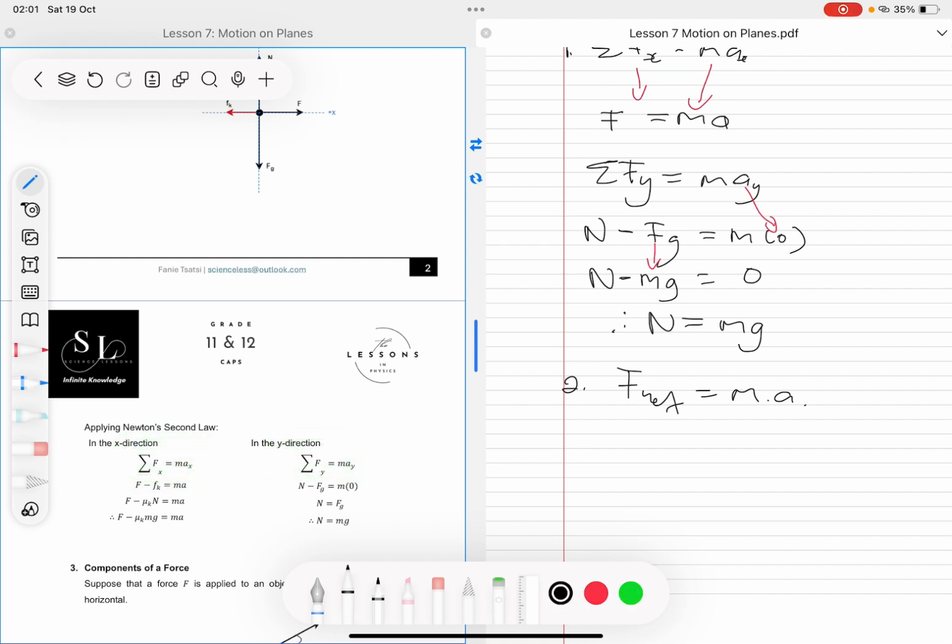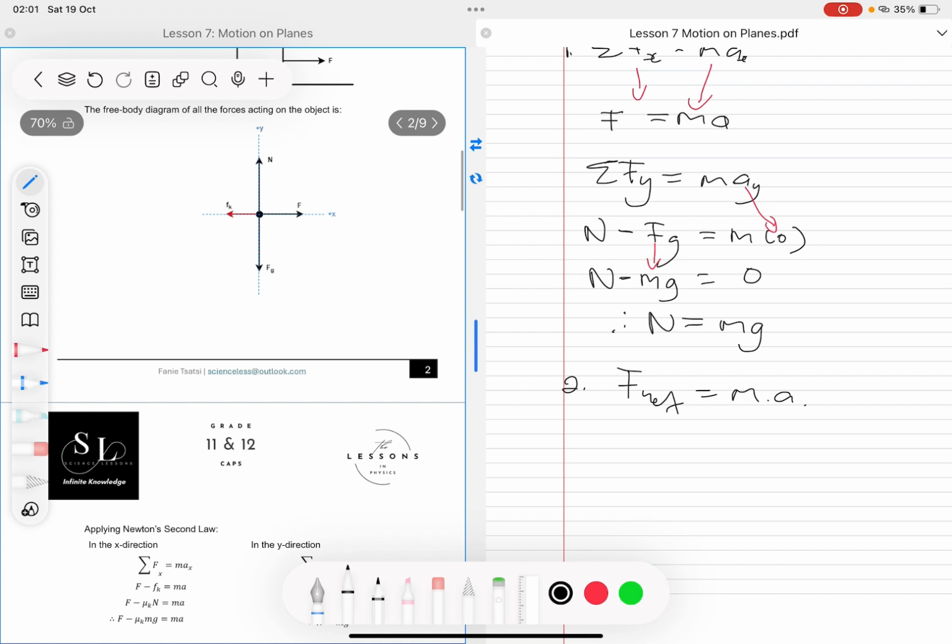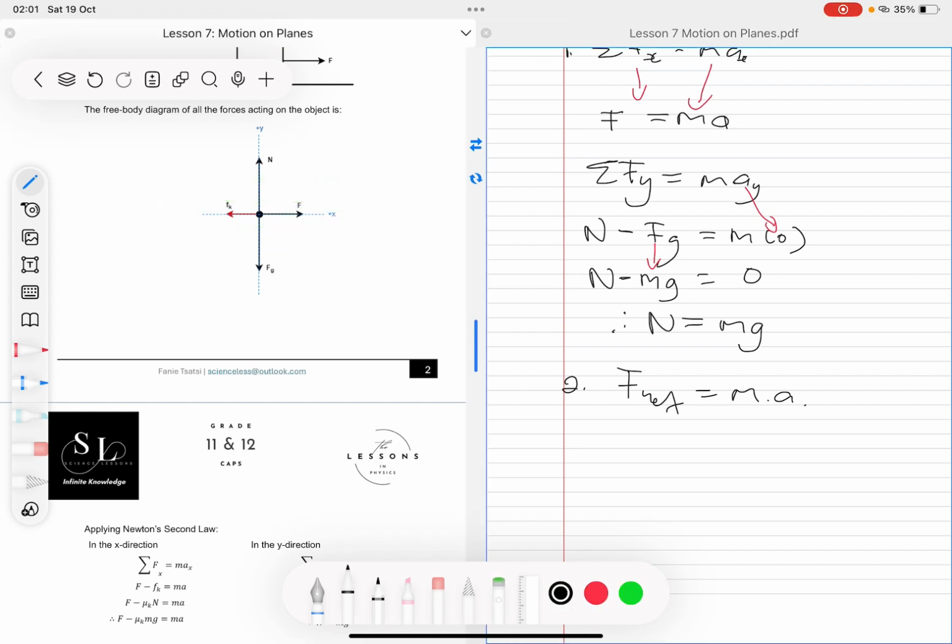Now when we look at the x component, it means I'm going to add forces that are in the x direction. In this case, I will have the sum of forces in the x equals the mass times the acceleration in the x. Now my forces would be F, which is positive, it goes in the positive direction, minus Fk, which goes in the negative direction.